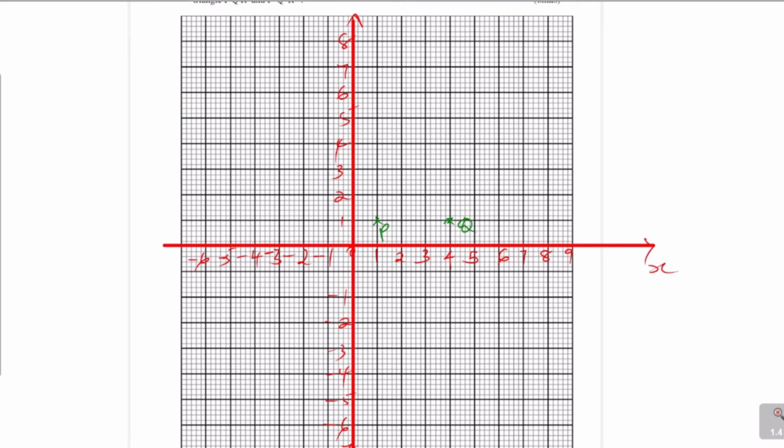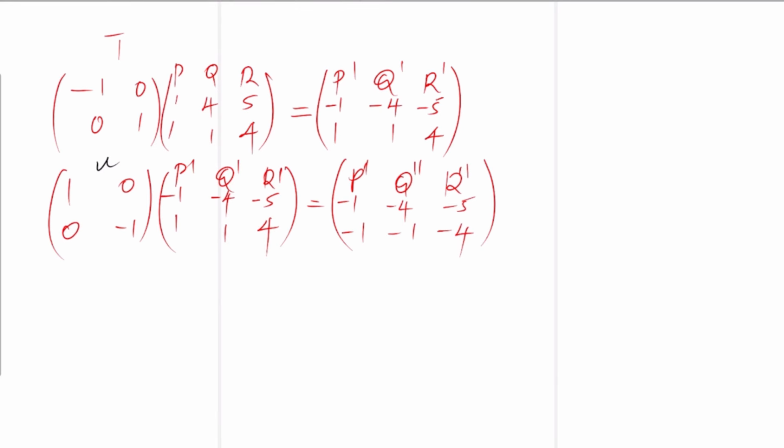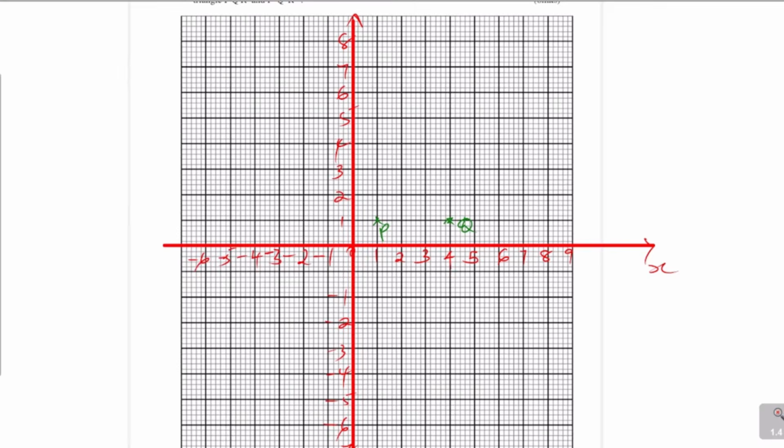This is Q, 4, 1. And then we have R at 5, 4. That is R.